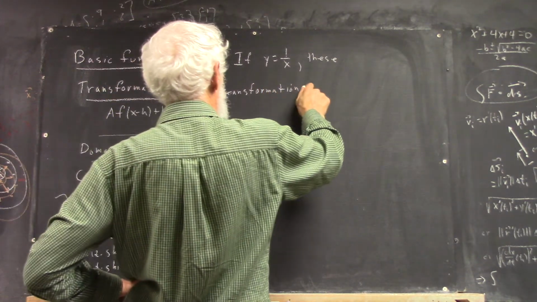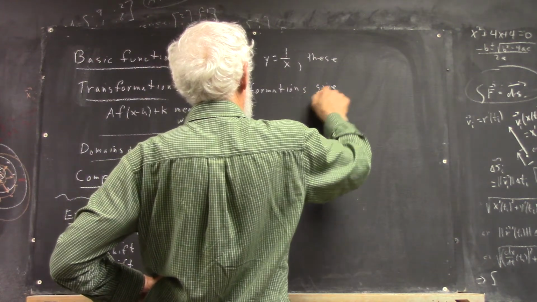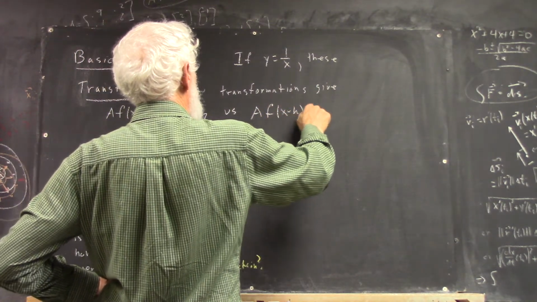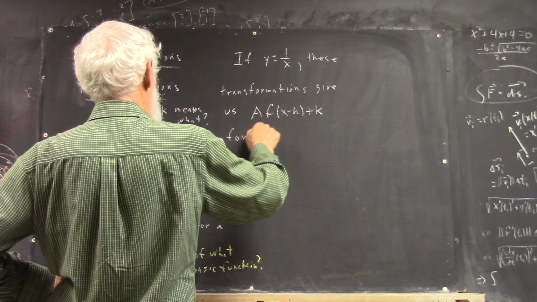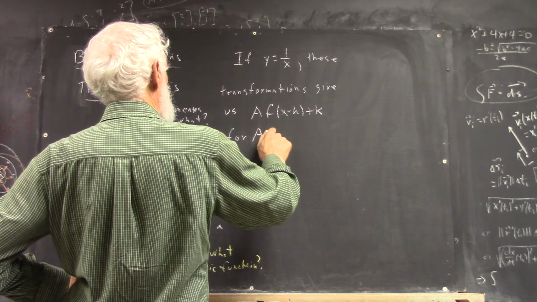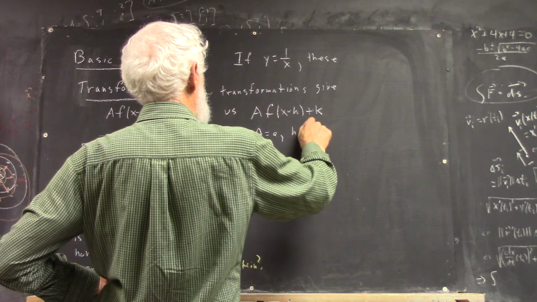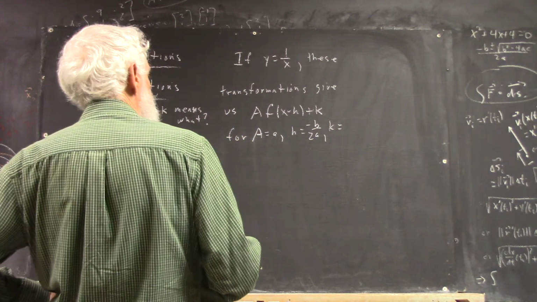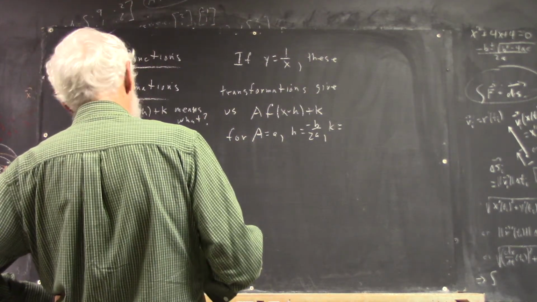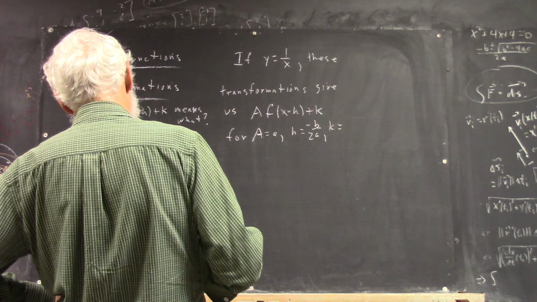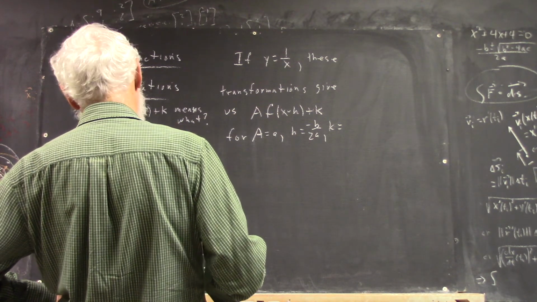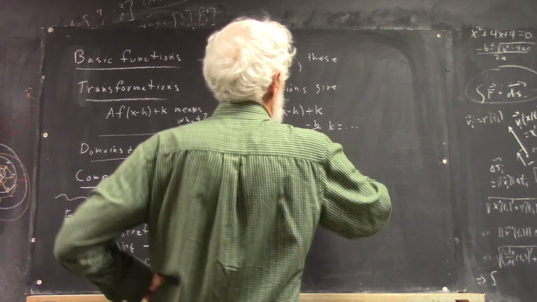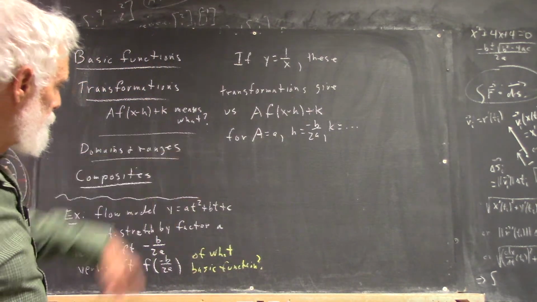These transformations give us a f of x minus h plus k for a equals little a, h equals negative b over 2a, and k equals... I'm not going to write that down right now, because I'll do it in a minute.